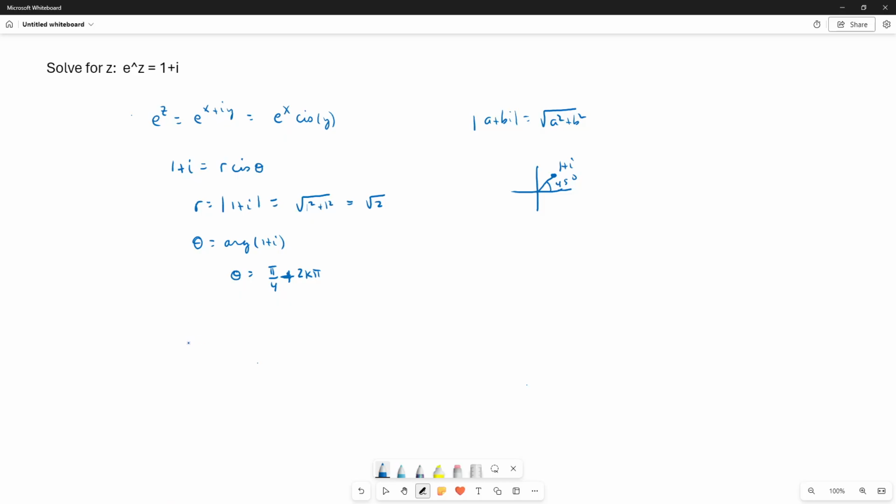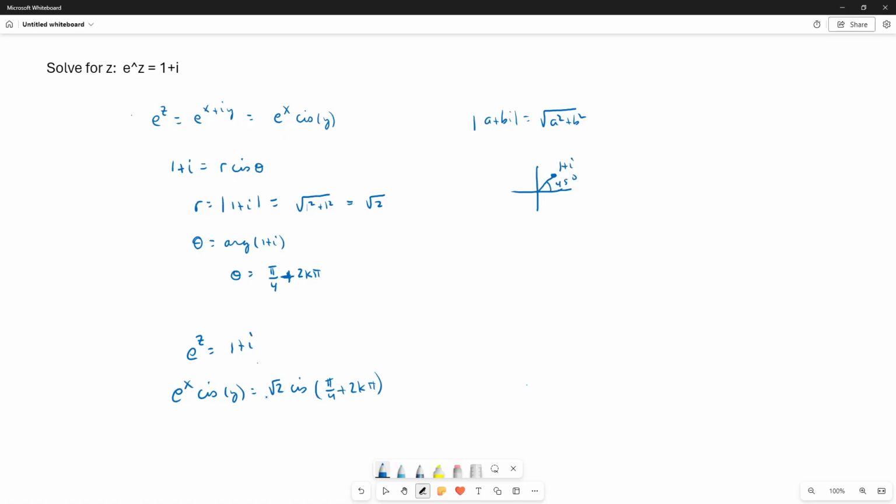Okay, so getting back to the equation, e to the z equals 1 plus i. We can write it as e to the x cis y equals, and putting 1 plus i in polar form, square root of 2 cis pi over 4 plus 2k pi.